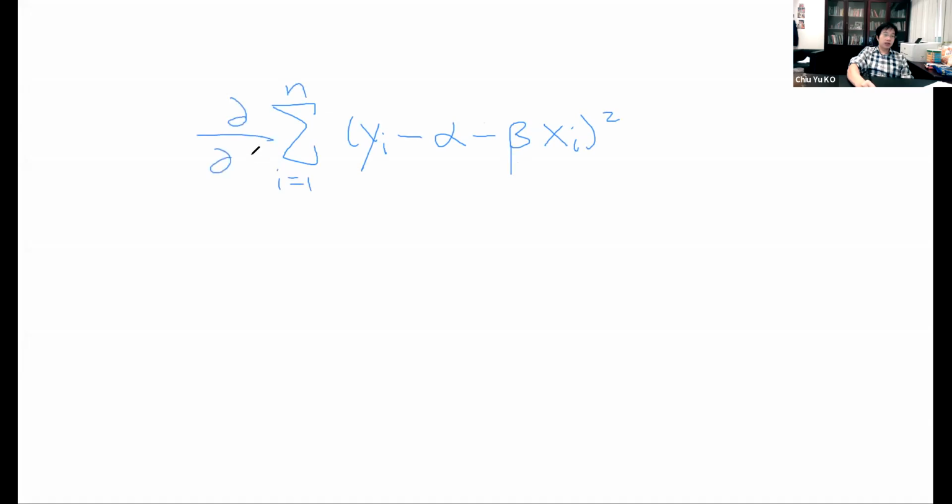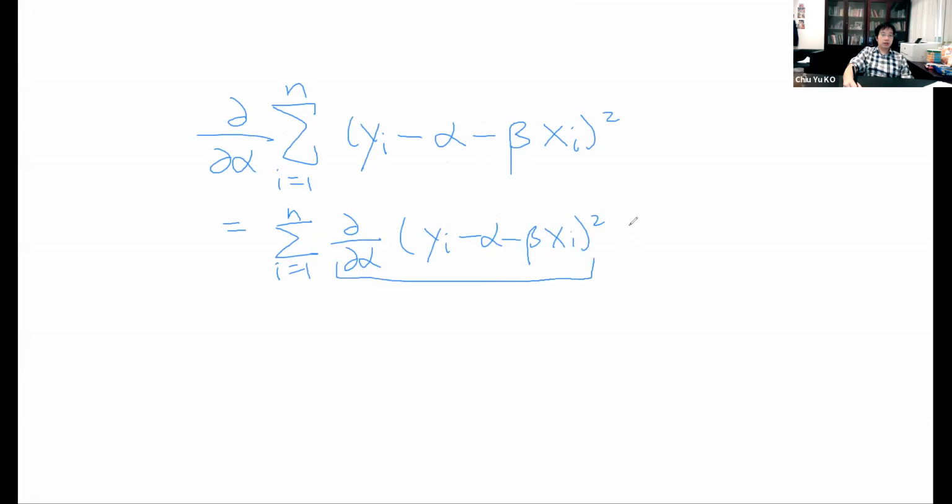And now we try to take the derivative with respect to, say, alpha. Then the summation actually doesn't really affect you, because the operation is linear. When we add them, you can just take the derivative inside. And here you use the chain rule.